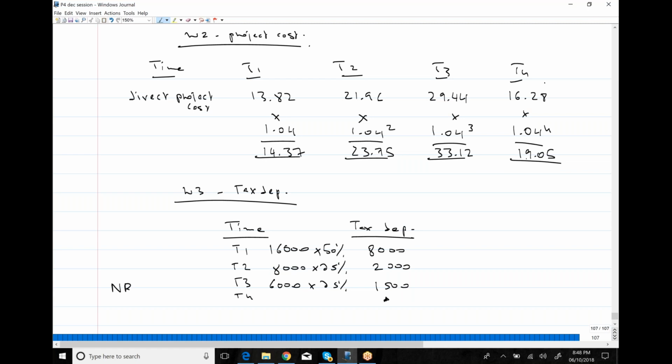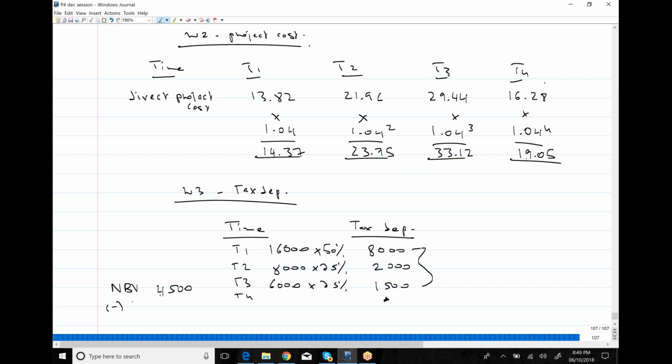You will take net book value. That is cost minus accumulated depreciation. You will minus depreciation for all the 3 years. Cost is 16,000, right? So minus depreciation for all the 3 years. That is 4,500, right? Net book value is 4,500.